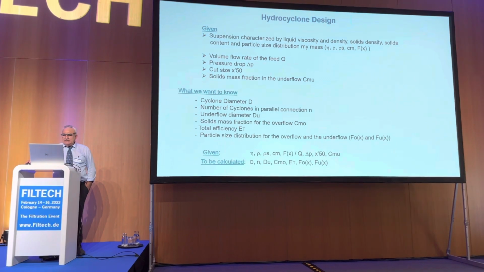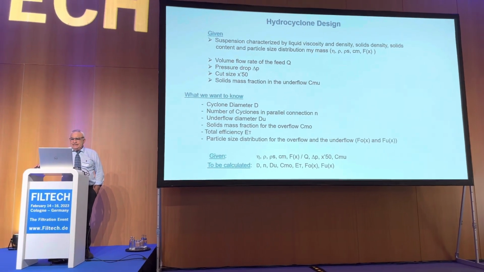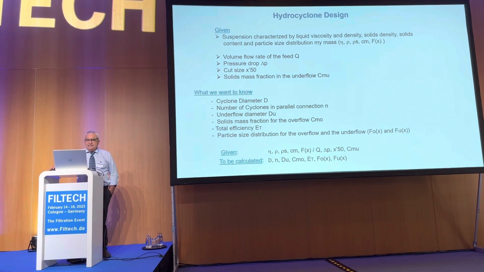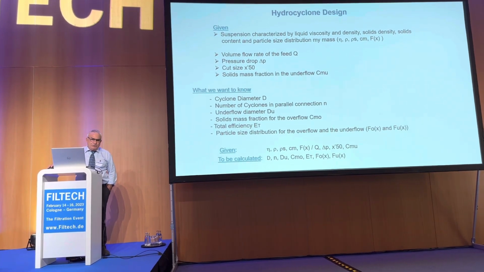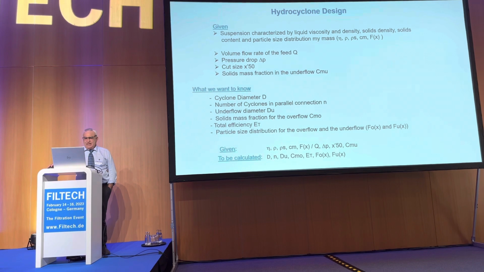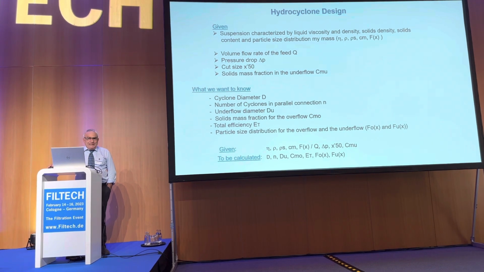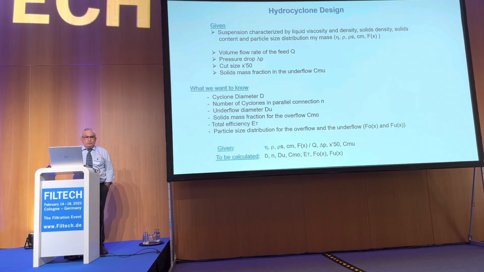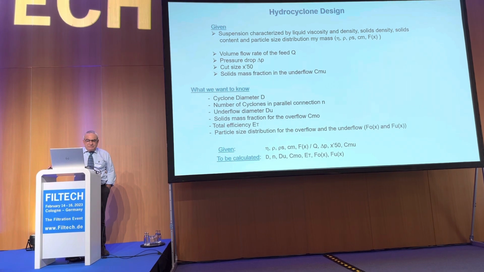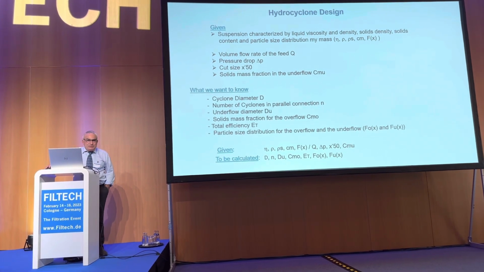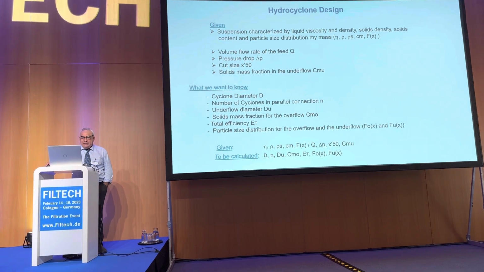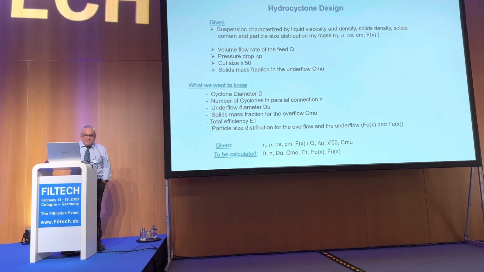Suspension characterized by viscosity, density of the filtrate, of the liquid, solid density, solid mass fraction, and particle size distribution by mass, accumulated. We want to have a definite volume flow rate. We want to have a definite pressure drop. We want to have a definite cut size and a definite solid mass fraction in the underflow. The question is, what is the diameter of the cyclone?